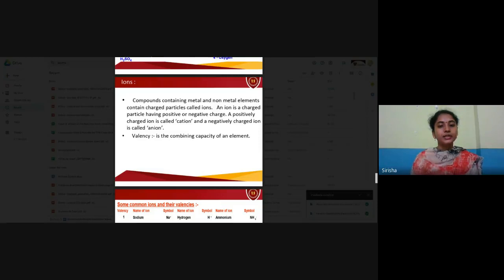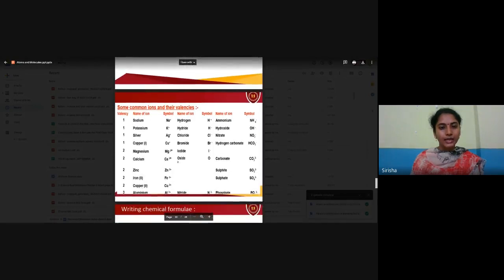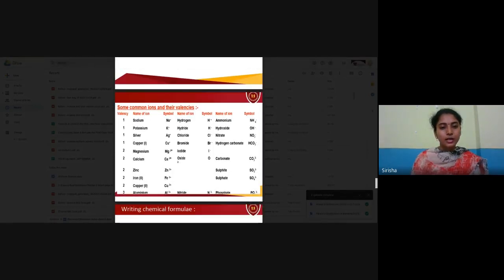Valency is nothing but the combining capacity of an element. Let us see valencies of different common ions. Sodium always has valency 1. That is why we write Na plus. Zinc will always exist as Zn plus 2, so its valency is 2.